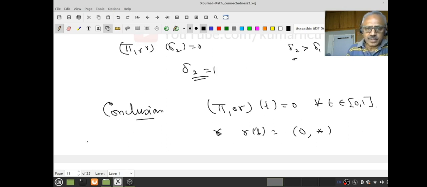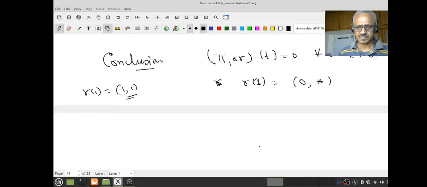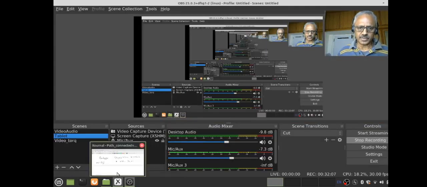But according to us gamma of 1 must be equal to 1 comma 1. Okay, this is a contradiction. So what does this contradiction show? This contradiction shows that there cannot be a path joining 1 0 to 1 1.